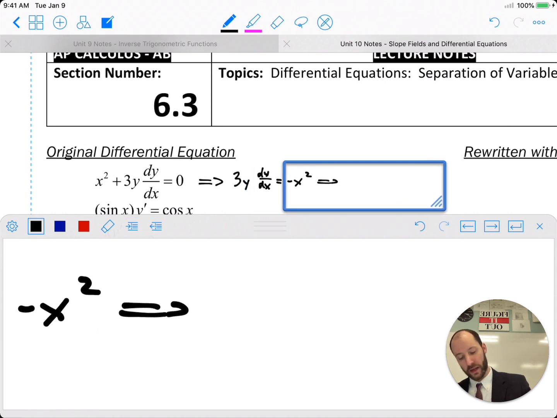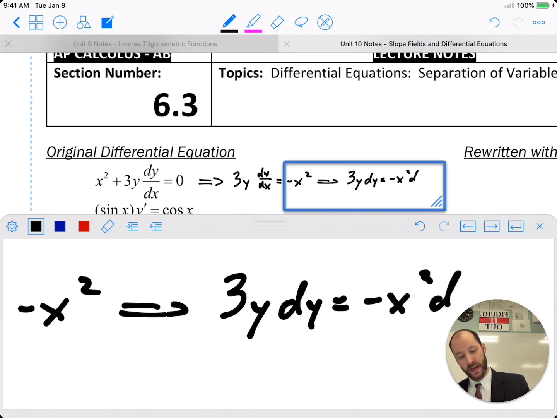So multiply both sides by dx. And now you have separation of variables completed. You just now would need to go through the other steps I'll outline later.